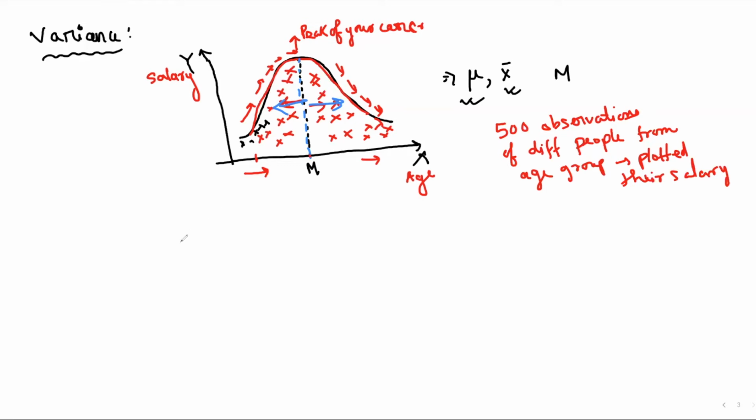Whether your data is very near to the mean, like this. Let's say this is the mean. How spread is your data? It is very close to this mean, right? Or it is like this. Let's say this is the mean, and these are all the data points. This is the spread of the data.